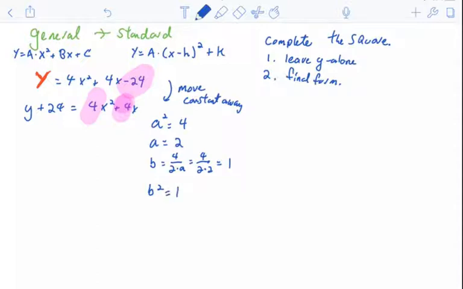And that tells us that this constant here, whatever goes in there, would have to be a 1 for it to make it a perfect square. So I'm going to add 1 to both sides. Plus 1 is equal to 4x squared plus 4x plus 1.